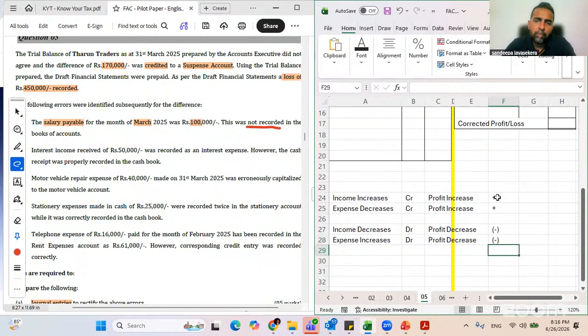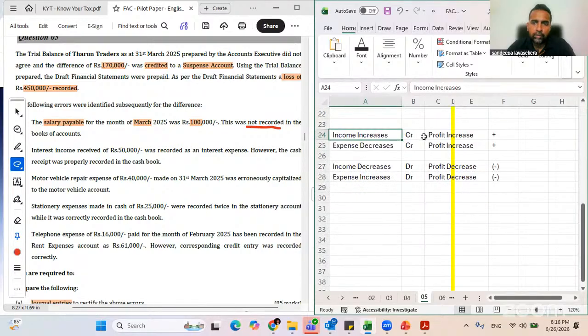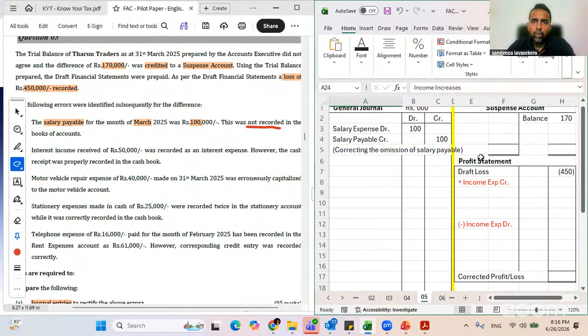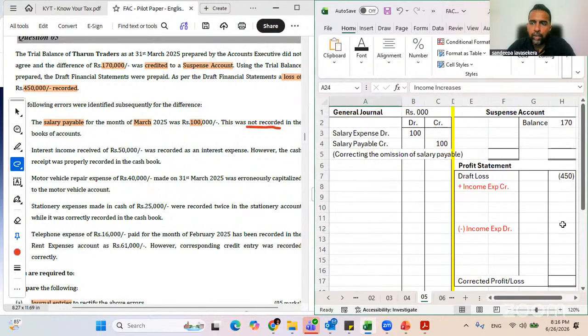So there's a very simple logic when it comes to income, expense versus the profit. If an income or an expense were to credit, the profit will increase. If an income or expense were to debit, the profit will decrease. So very simple logic. Okay. So we are applying it here. We are using this logic. So when an expense goes up, profit comes down.